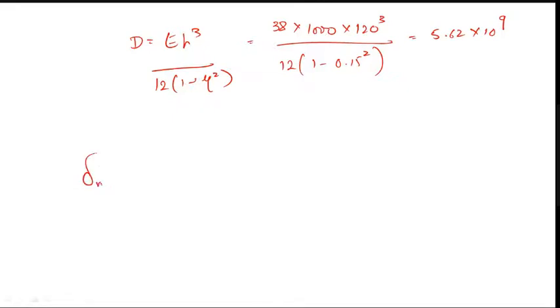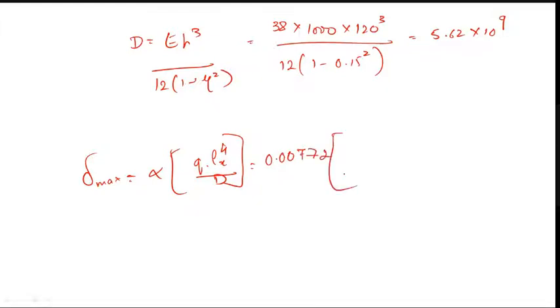Now we have delta max equals alpha into q into Lx power 4 divided by D. Here substitute the alpha value, that is 0.00772. Q value we have 2.72. One more thing, I have to keep it in Newton mm.